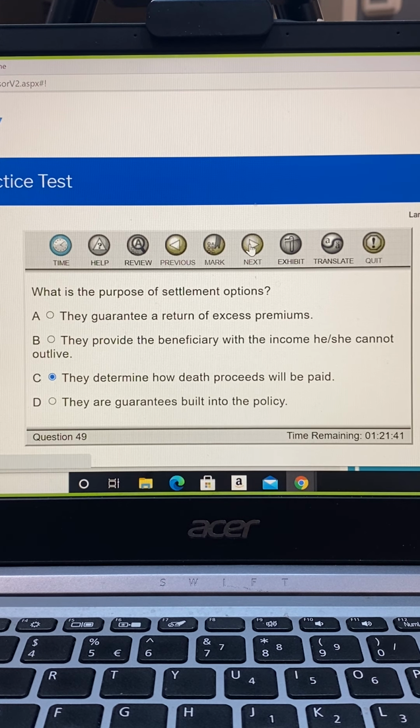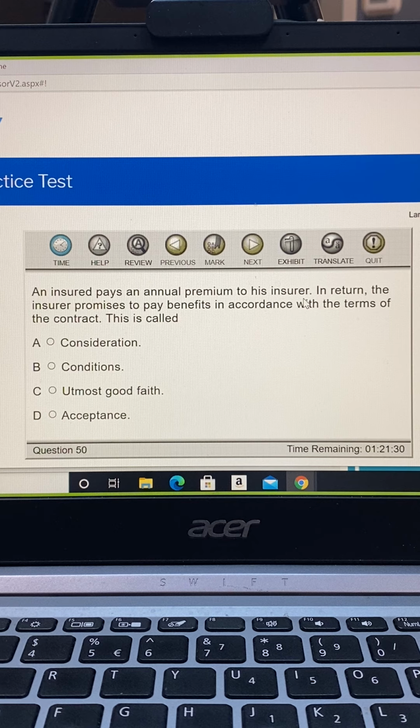An insured pays an annual premium to his insurer. In return, the insurer promises to pay benefits in accordance with the terms of the contract. This is called the considerations or conditions. Well, the insured paying the premium is one thing by itself. Then it says, in return, the insurer promises to pay.